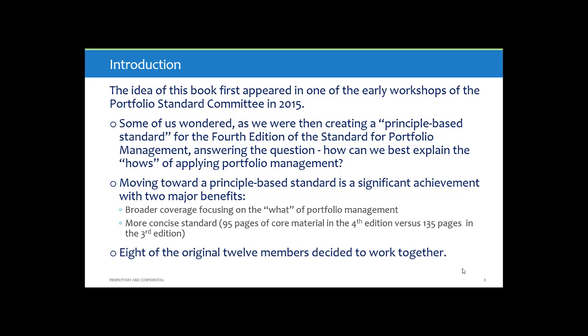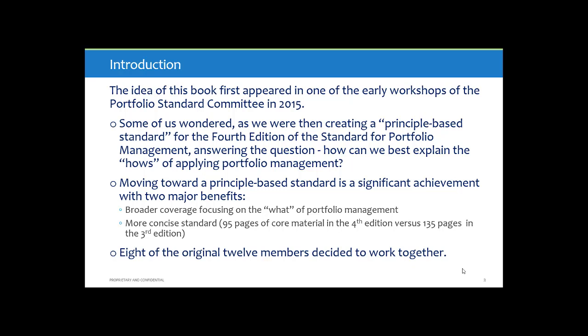For example, we added a performance domain on life cycle, as well as highlighting the importance of value and elevating it to its own performance domain. We also made the standard more concise. If you look at the core meaty part of the standard, you notice that the fourth edition is only 95 pages versus 135 pages in the previous edition.